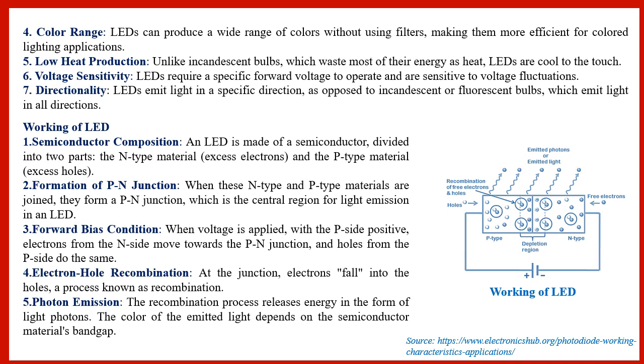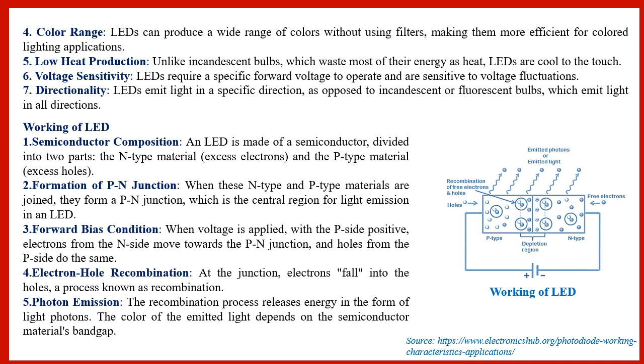The color of the emitted light depends upon the semiconducting material, the band gap of the semiconductor. It decides what kind of wavelength is emitted when the recombination takes place. So this is how the operation of an LED takes place.